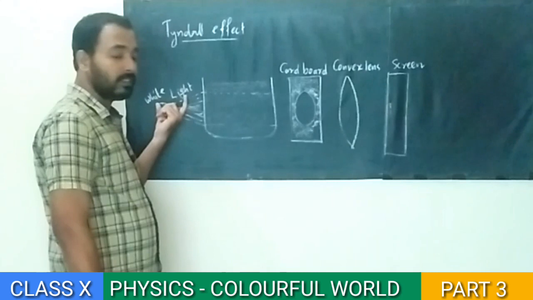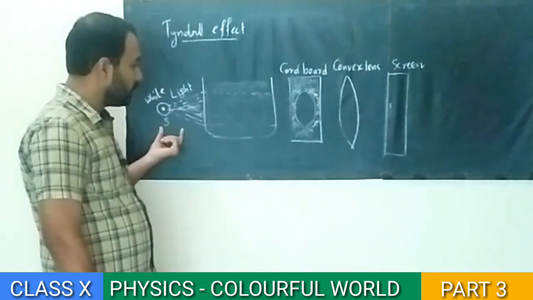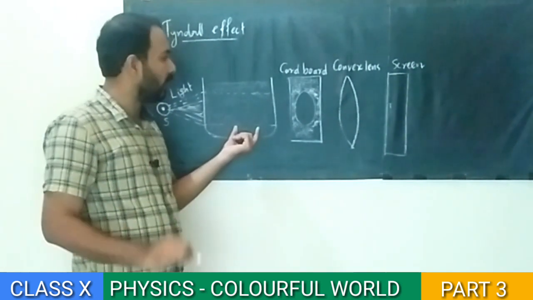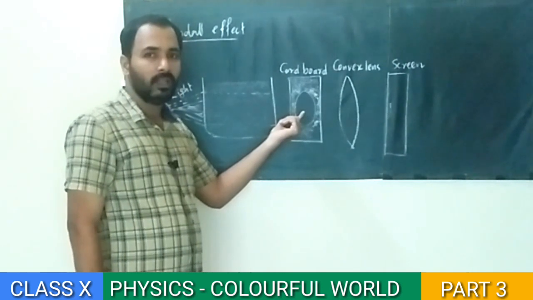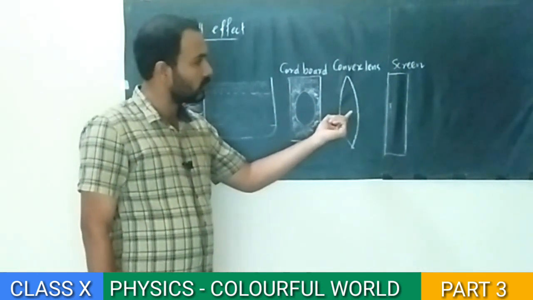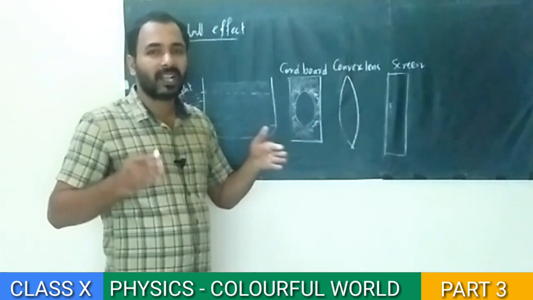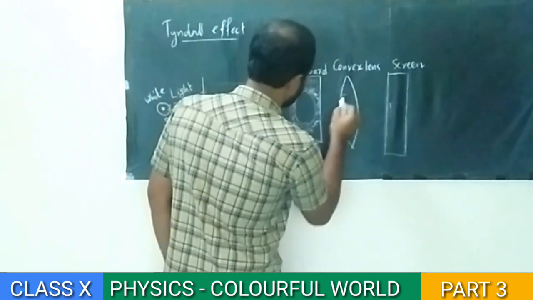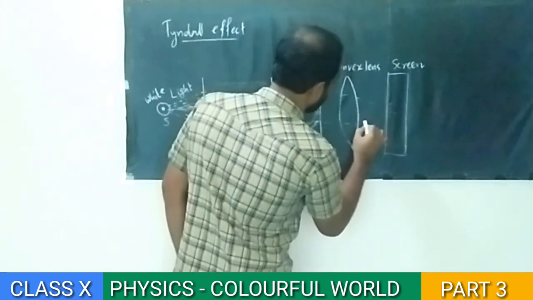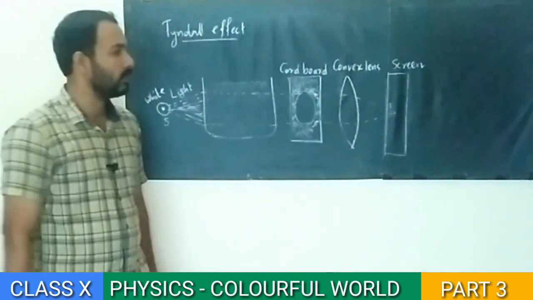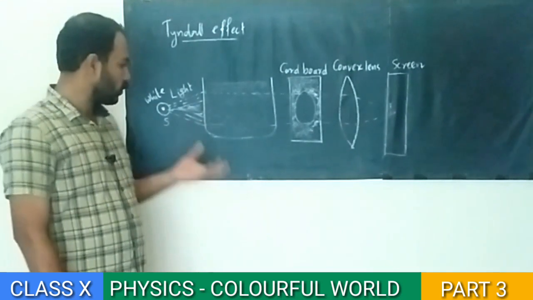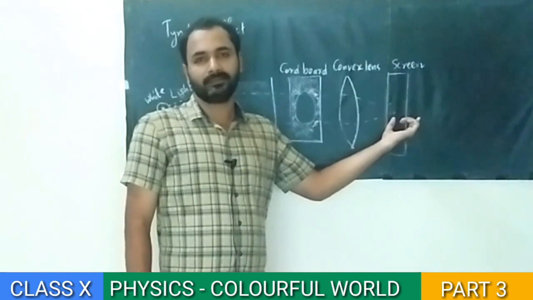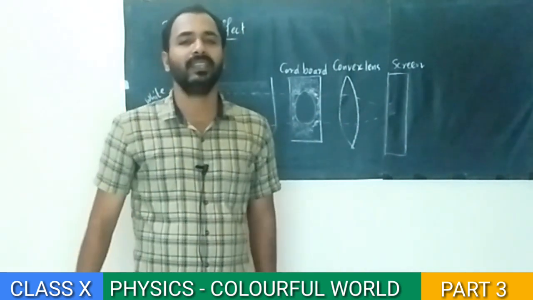When white light passes through the solution, that is clean water, it passes through the hole and the convex lens and converges to a point on the screen. So we get white light on the screen. This is the first step of the experiment.